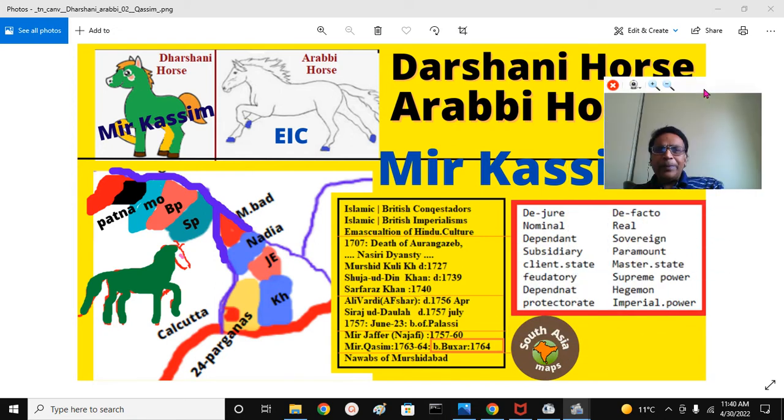Here again briefly the Dharshani horse and Arabbi horse: de-jure, de-facto, nominal, real, dependent, sovereign, subsidiary ruler state, paramount state, client state, master state, feudatory ruler and supreme power, dependent ruler, dominant hegemon power, protectorate state, imperial power, and so on.